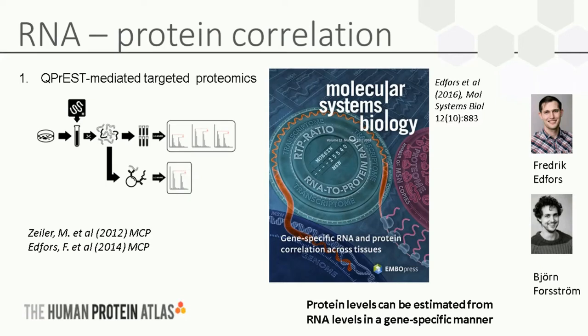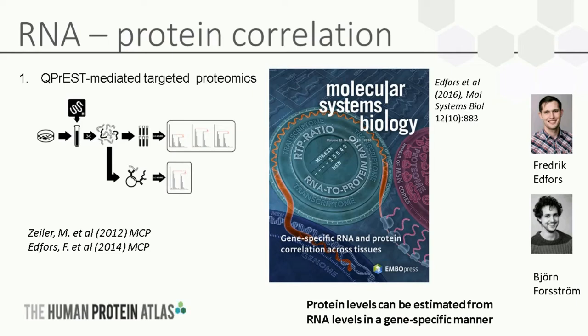One of the things that is an advantage for us is that we are comparing the RNA and the protein levels in these different tissues, using a targeted proteomics approach that was a collaboration with Mathias in Germany.